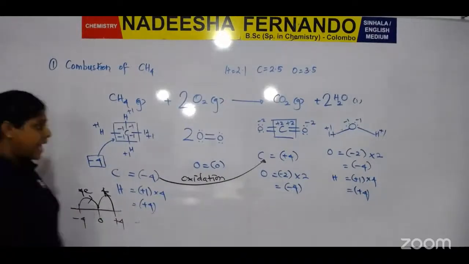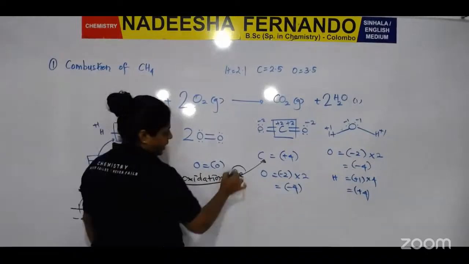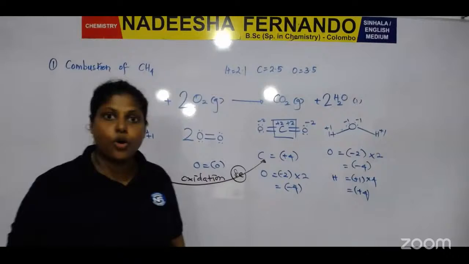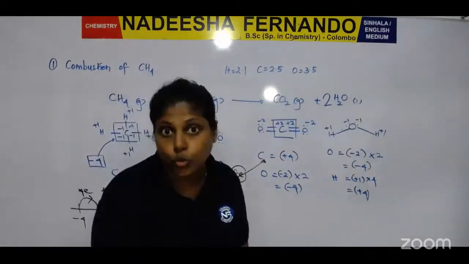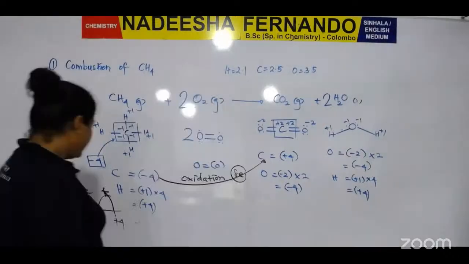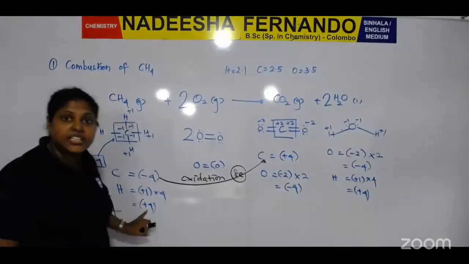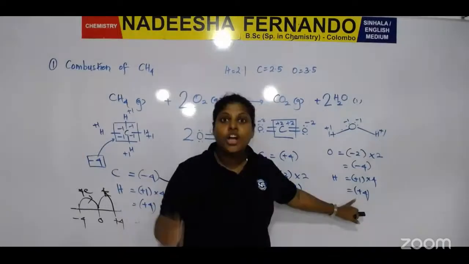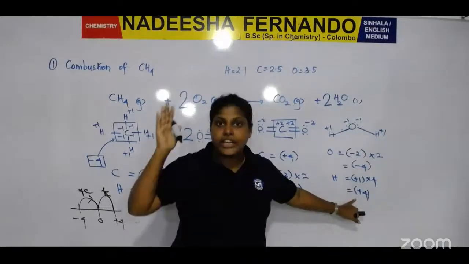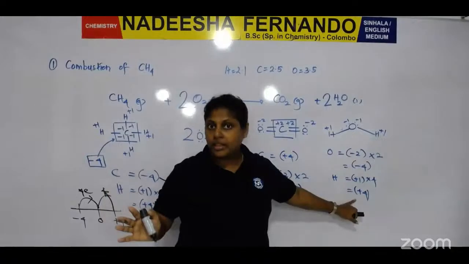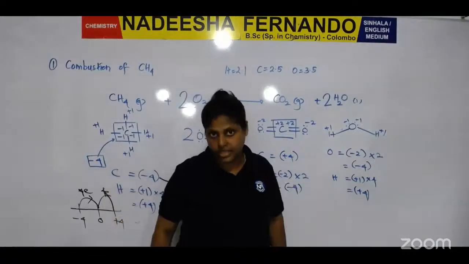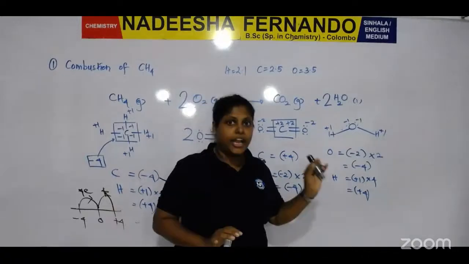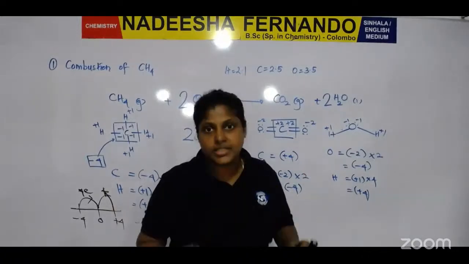Totally 8 electrons removed by carbon, as methane CH4 goes to CO2. Here, hydrogen +1 into 4 does not change; the H+ in methane goes to H+ in water, remaining constant.